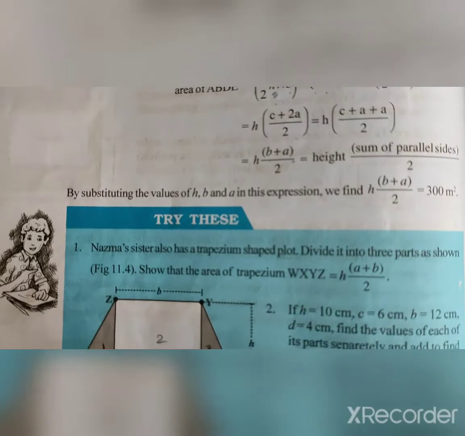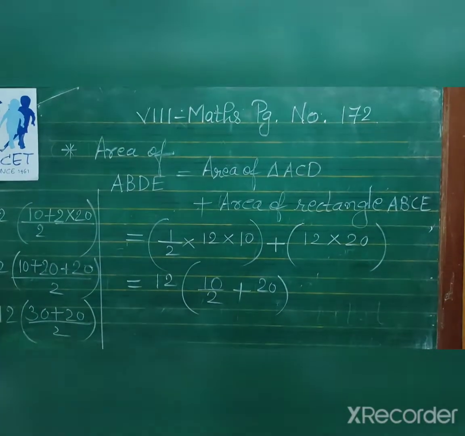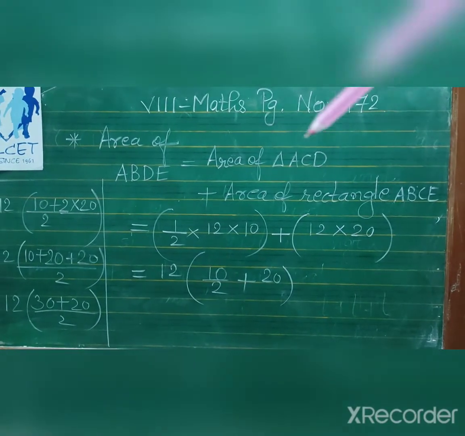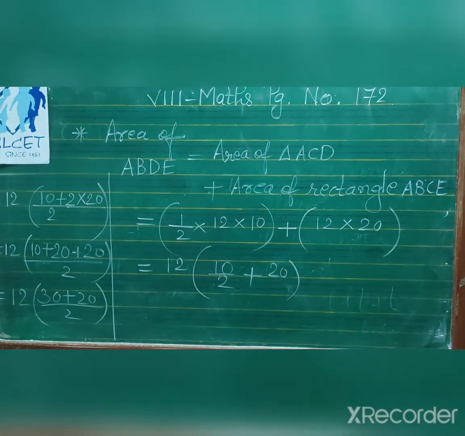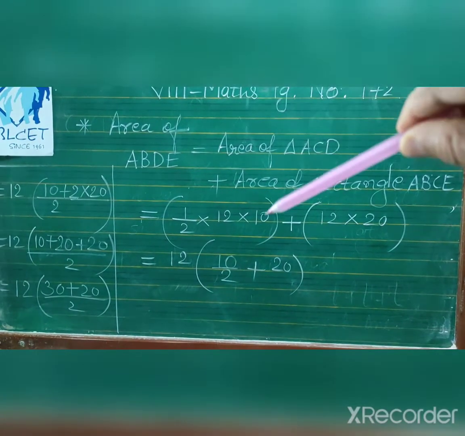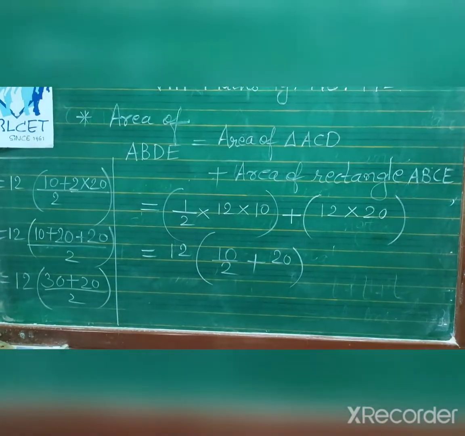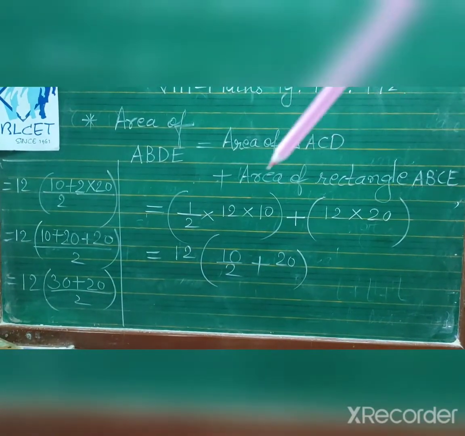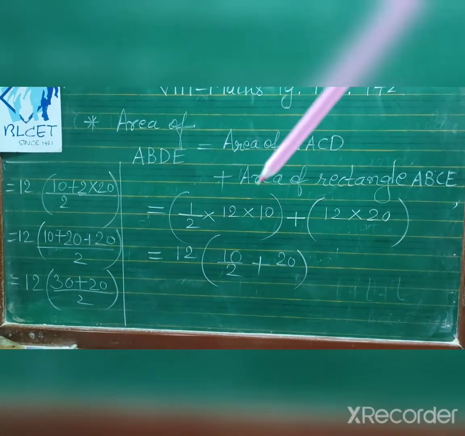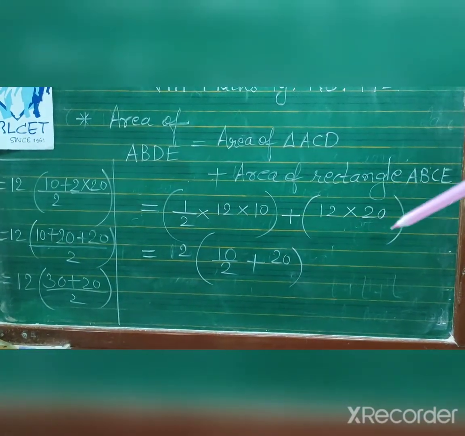Okay? Now see here. Area of trapezium ABDE is equal to area of right angle triangle ECD and area of rectangle ABCE. So half into B into H, plus length into breadth. Now you can see here in two terms, 12 is common. 10 upon 2 plus 20.